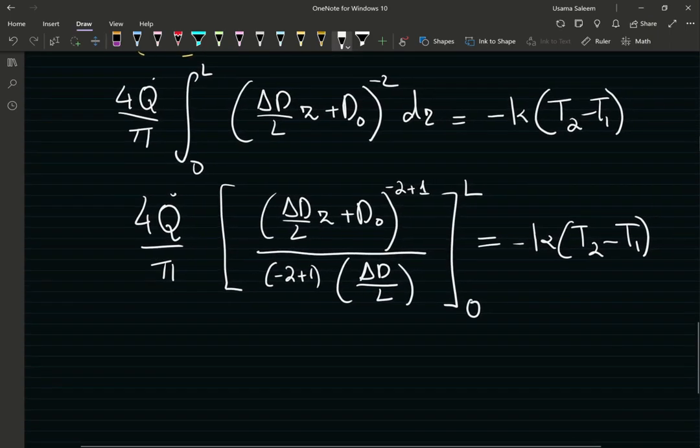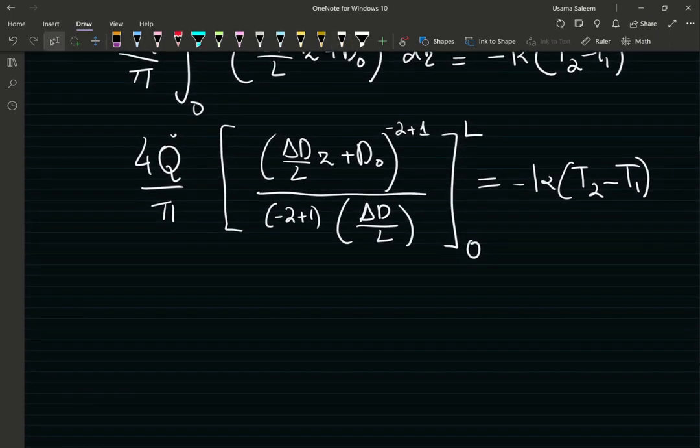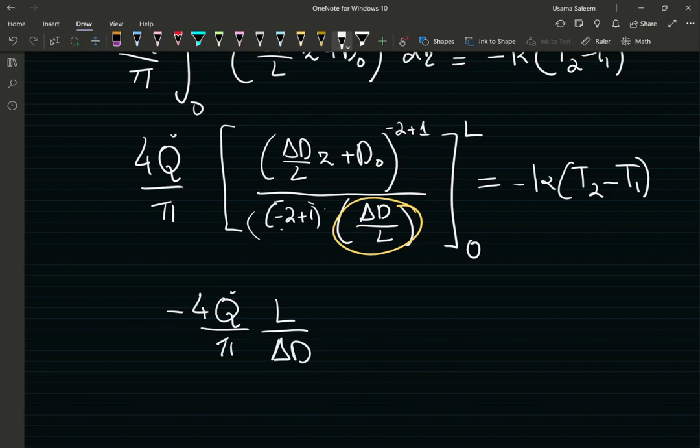Up till here, I can pull out a minus sign, so I'll get negative 4 q dot over pi, and I can pull out this expression, which is going to be constant, and this comes out to be L over delta d. So I'm just pulling out the constant terms. And what am I left with?